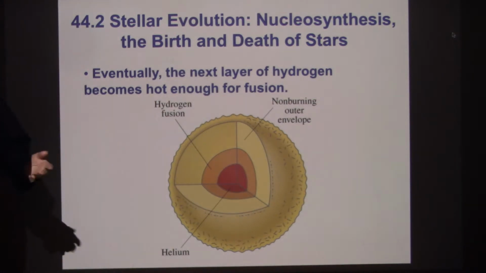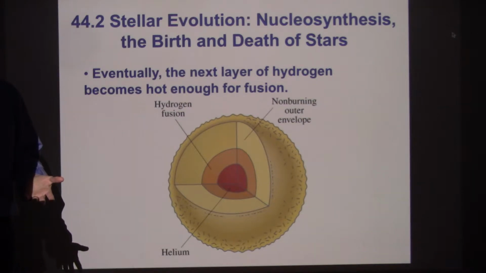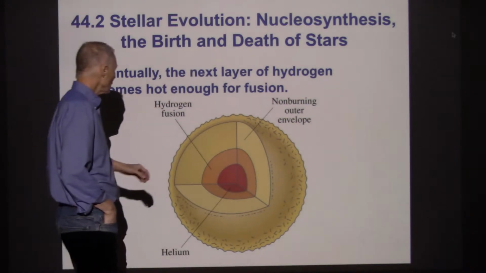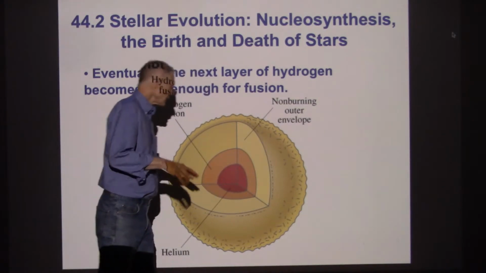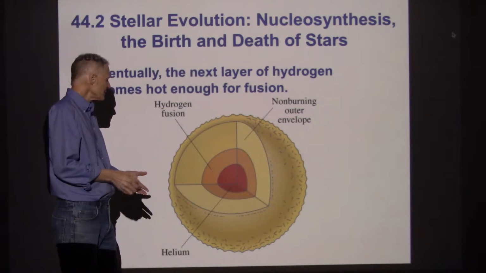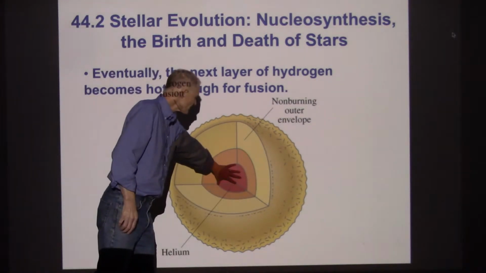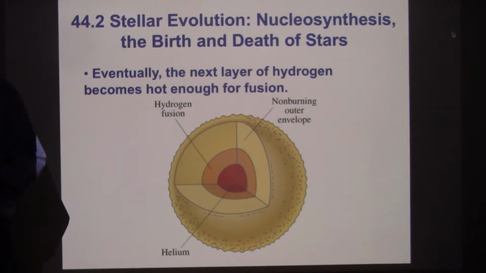We do expect the sun, maybe in another 4 or 5 billion years, the hydrogen will become depleted in the core, and that additional collapse of the core will raise the temperature enough that the sun will undergo helium fusion into elements like carbon or oxygen.